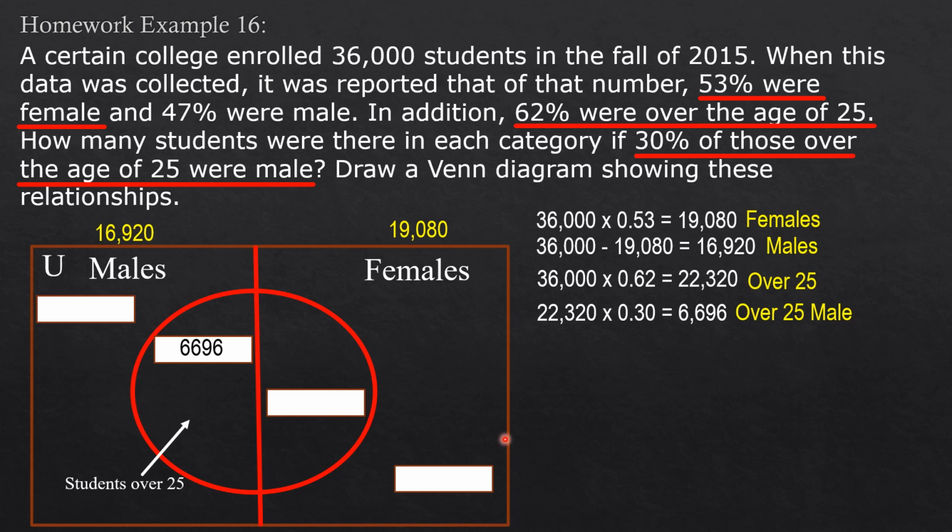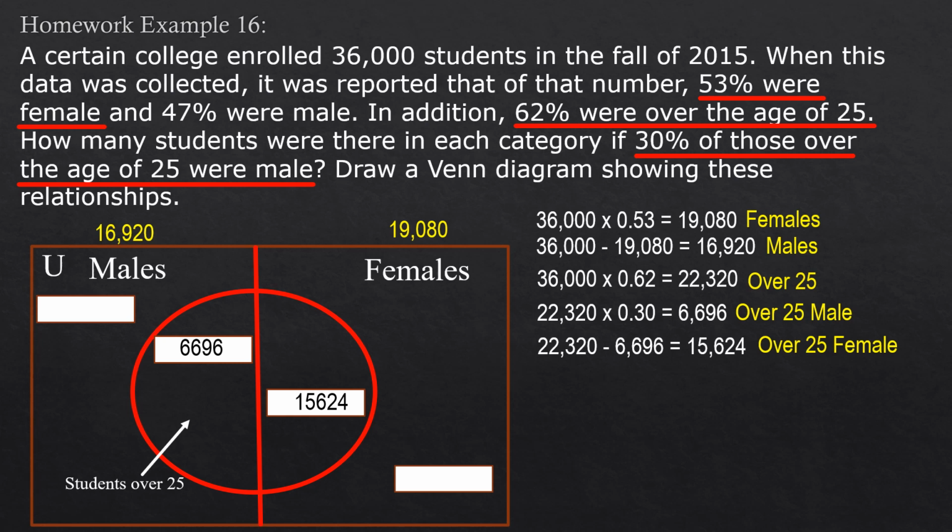So that's going to be my next step. I'm going to say 22,320 minus 6,696, and you get 15,624. That is over 25 female. Hallelujah. I have another answer. 15,624.